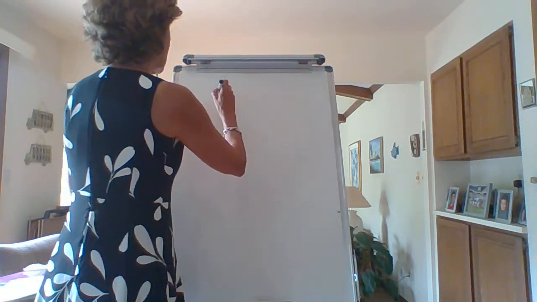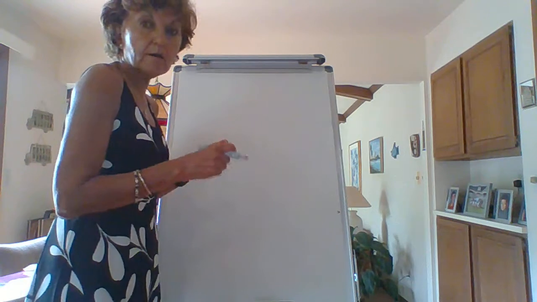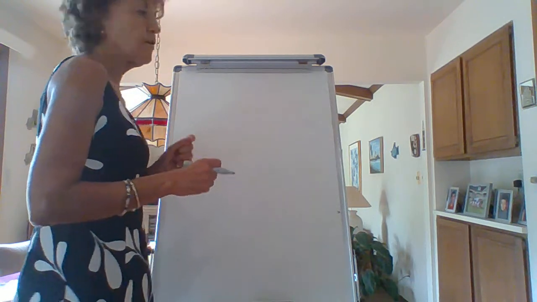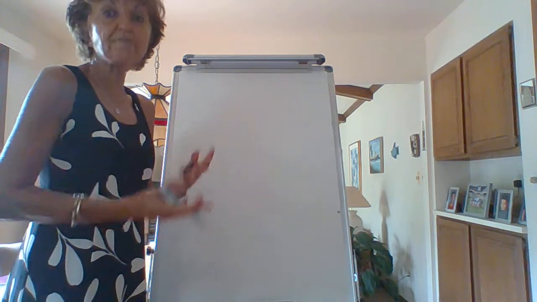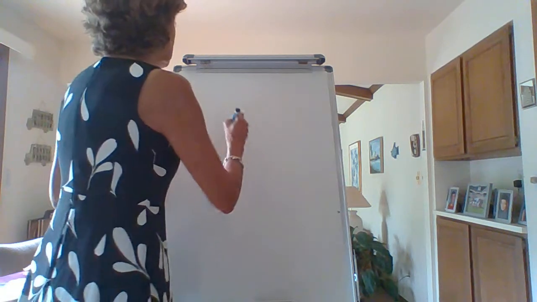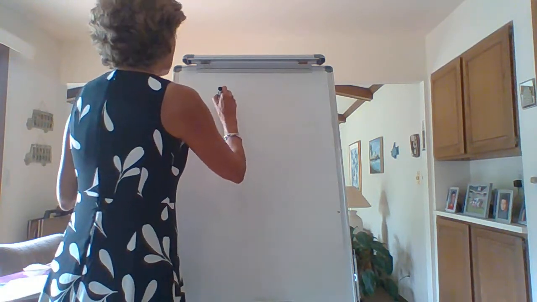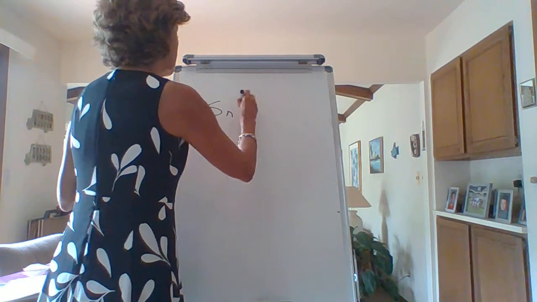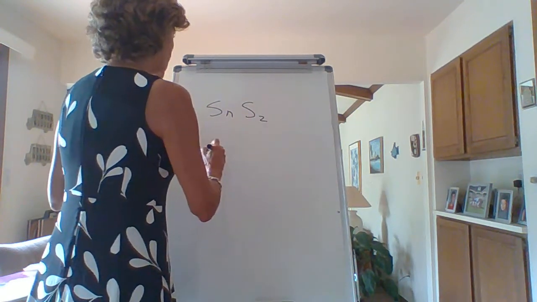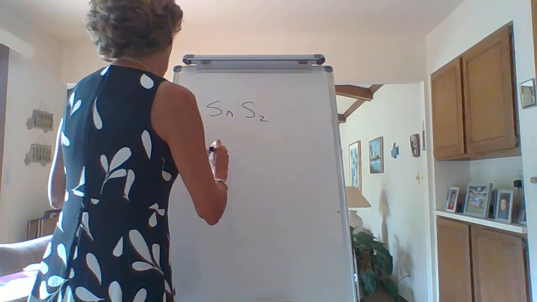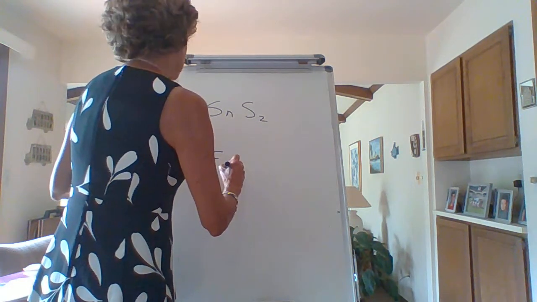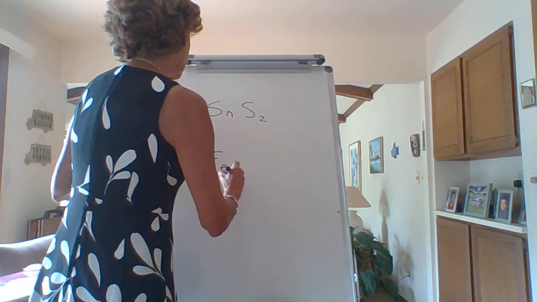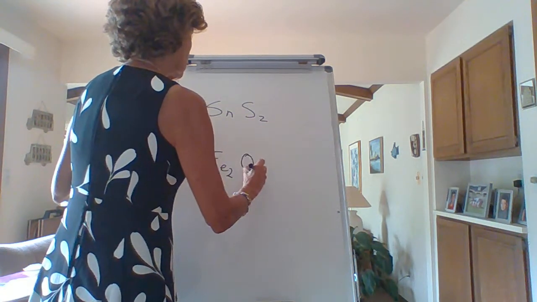So let's say I've got, and I'm choosing on purpose the variable charge metals because they're the ones that you have to put a Roman numeral with. So let's say I've got this, or I have this.